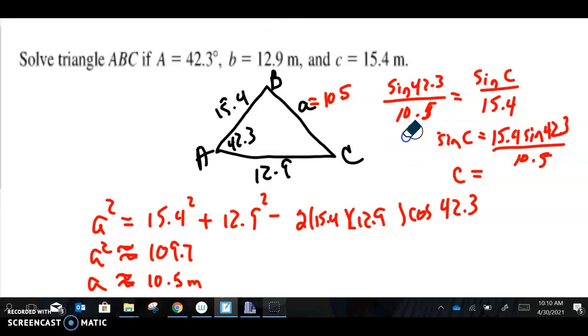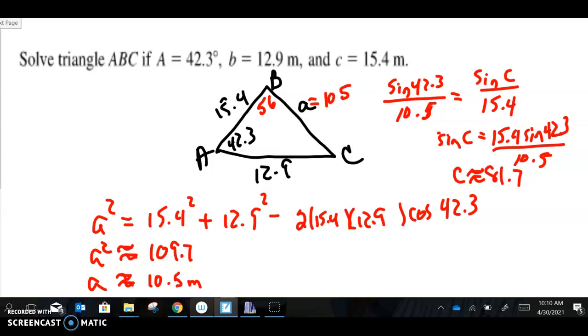I'll do the inverse sine of both sides. End up getting C close to 81.7. And then I would just subtract. I'm going to take 42.3 plus 81.7 and subtract that and get about 56 degrees for B.